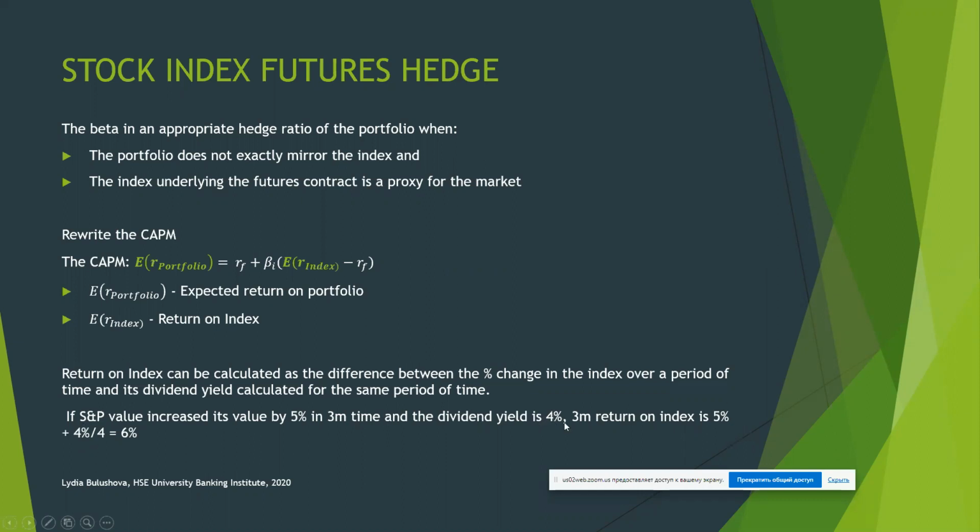The 4% is yearly, so we have to divide by 4 periods, and thus we have a 6% return on index. This is how to calculate return on index: the percent change in the index plus its dividend yield, calculated for the same period of time.